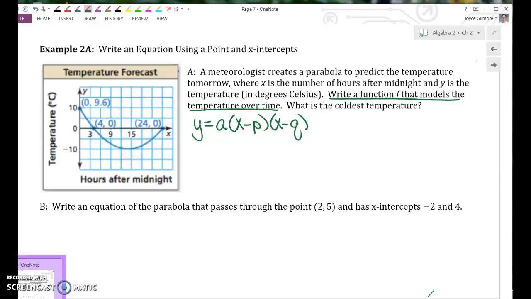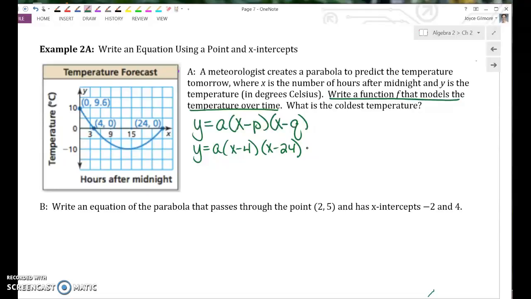The x-intercepts on this parabola are at 4 and 24. So our first step is to put in x minus 4 and x minus 24. So replace the p and the q with 4 and 24. We currently have 3 unknowns. We don't know y, we don't know x, we don't know a.